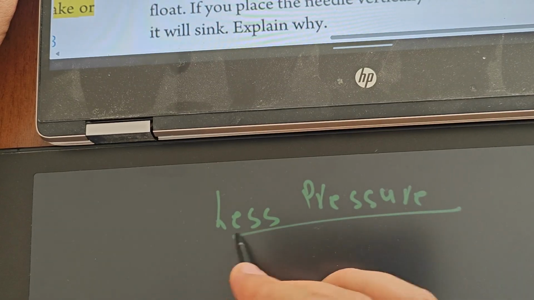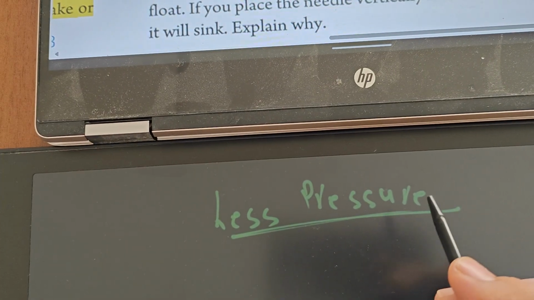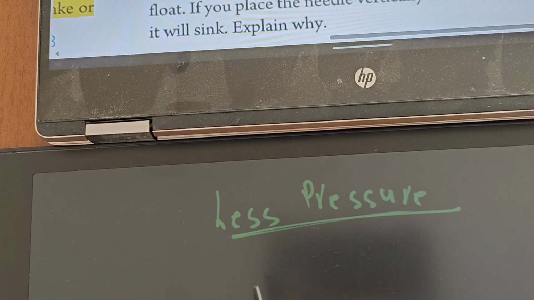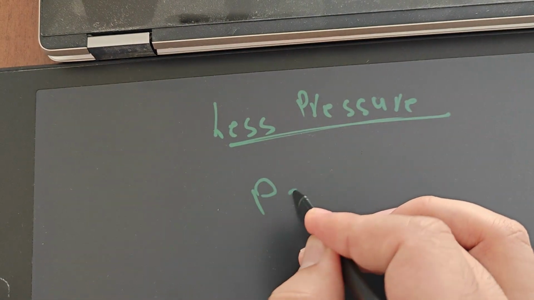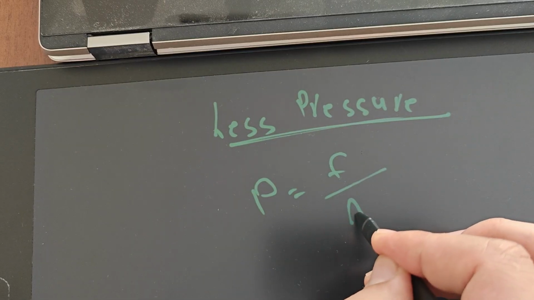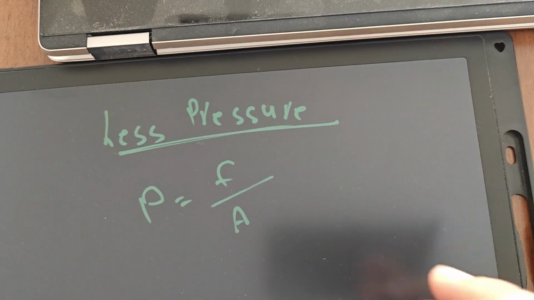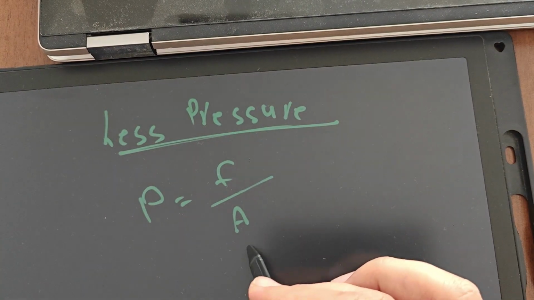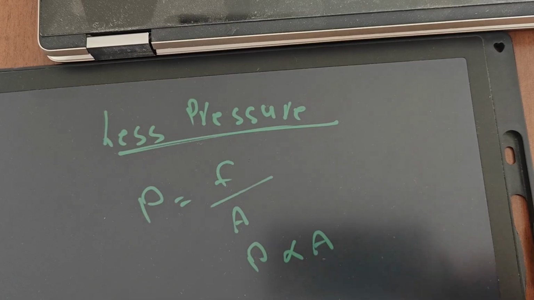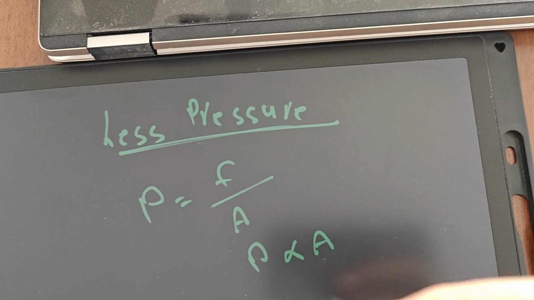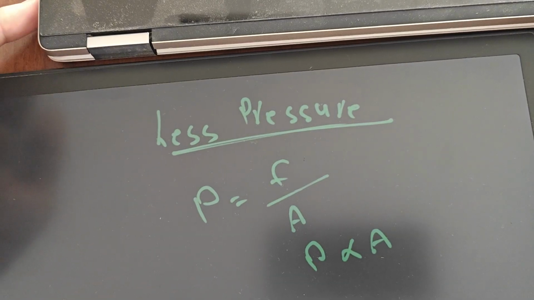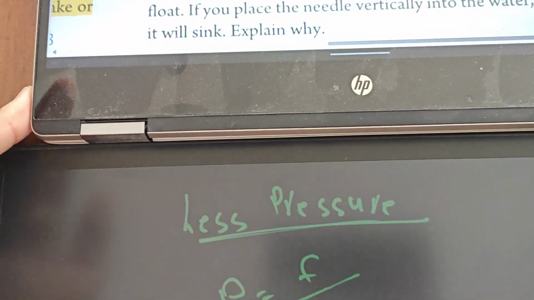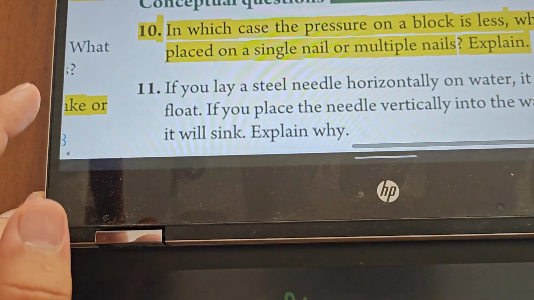As you know, the relationship between pressure and area is inversely proportional, according to the rule we studied in the previous chapter: pressure is equal to force over area. One of them increases but the other decreases. So in which case is the pressure on the block less?